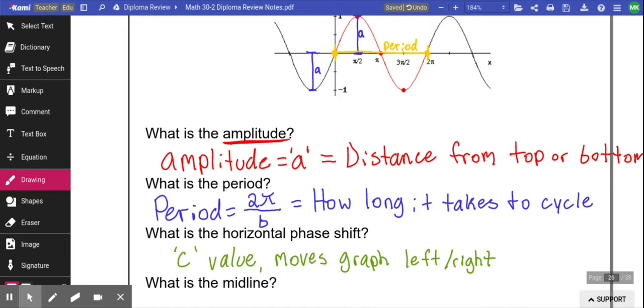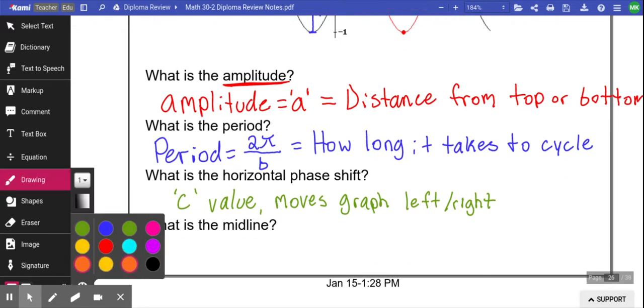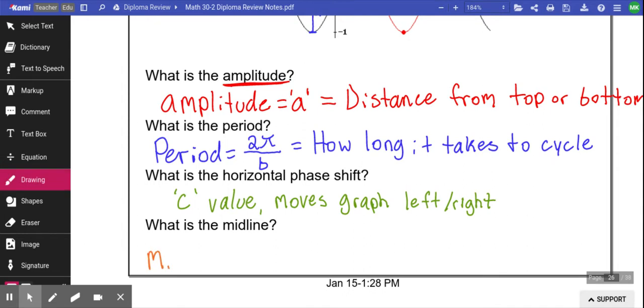Your midline is your D value. It's always Y equals something. So it's a horizontal constant.